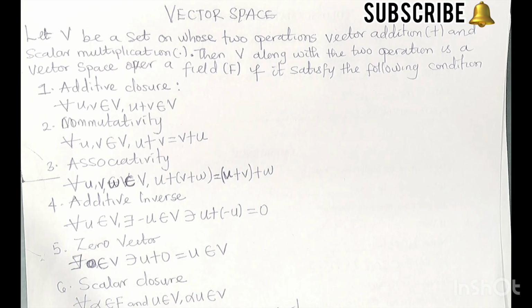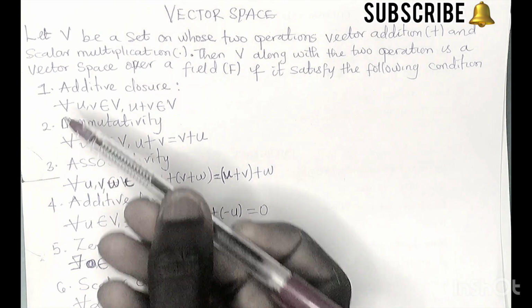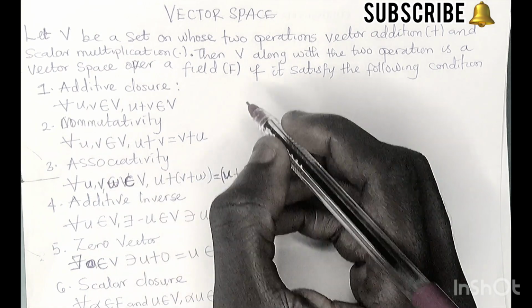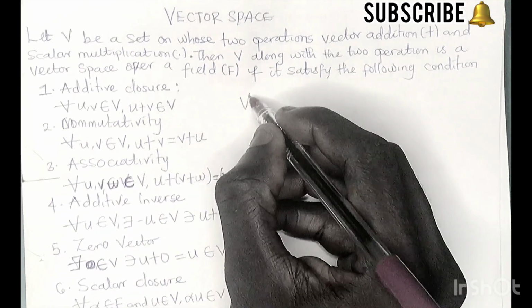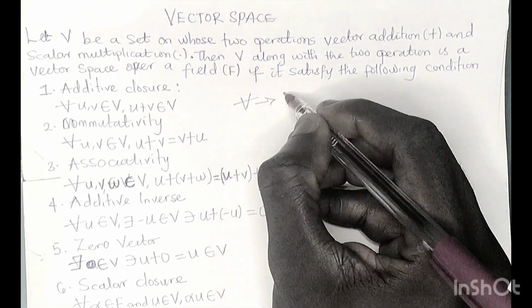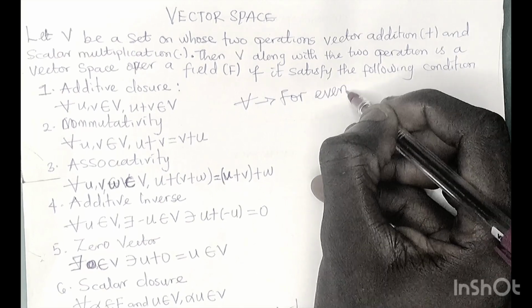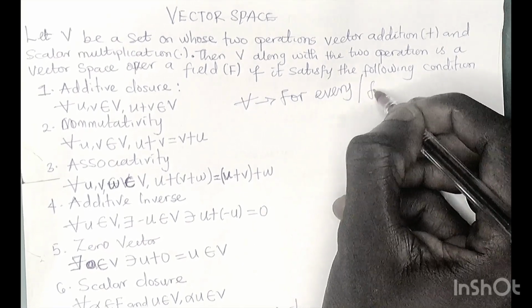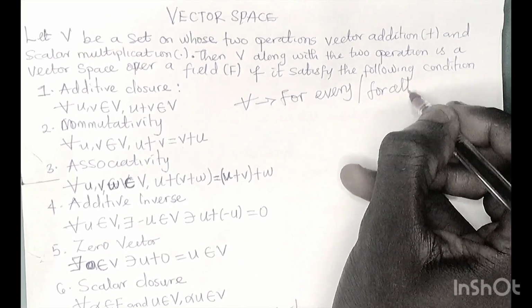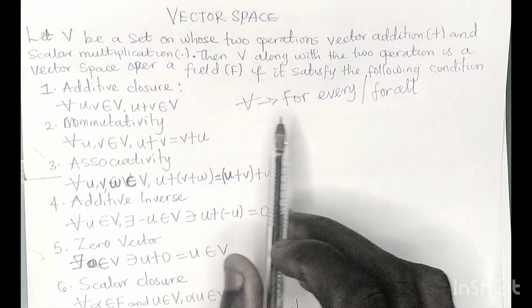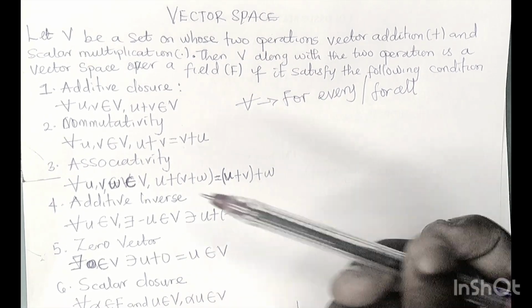So the first one is additive closure. So this sign means for every. So you can call this for every, or you can say for all. So when you see this sign, it means for every or for all.